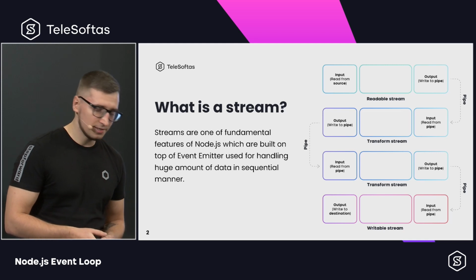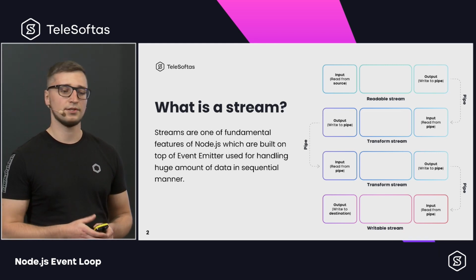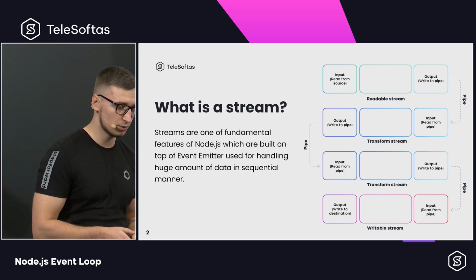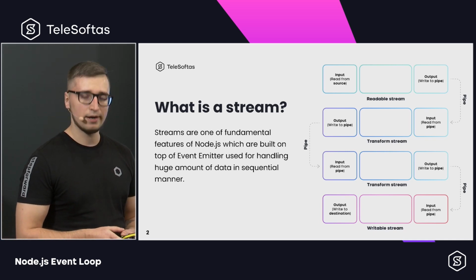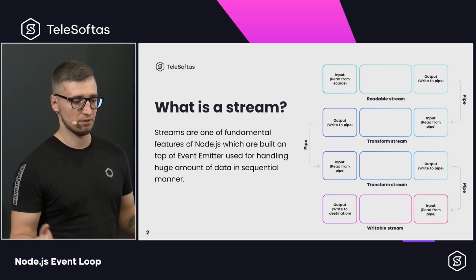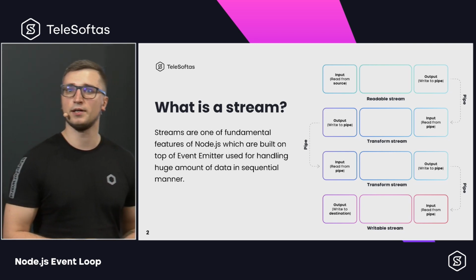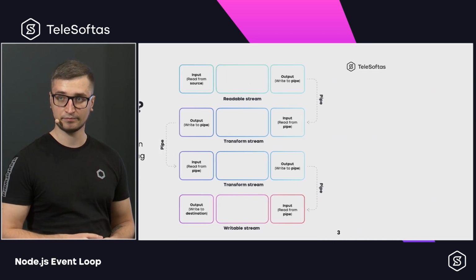And after those fancy transformations, our transformed chunks are moved to writable streams, where they are written to our destination source, which can be a file, a database table, or some other destination.